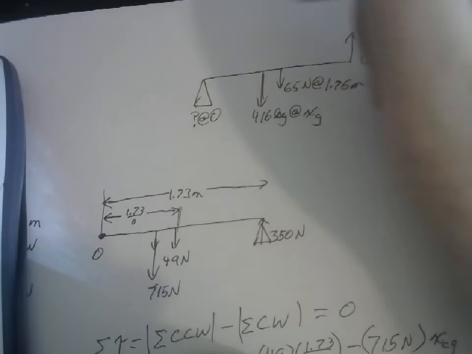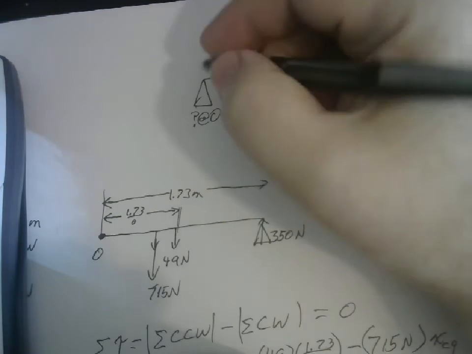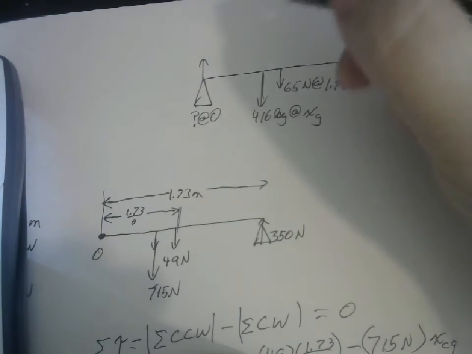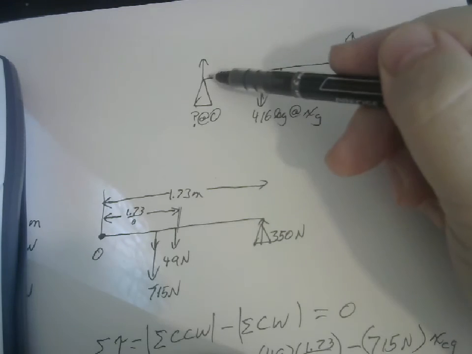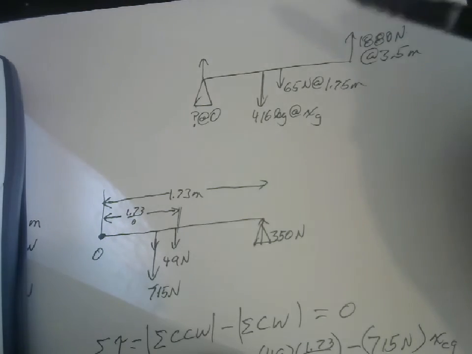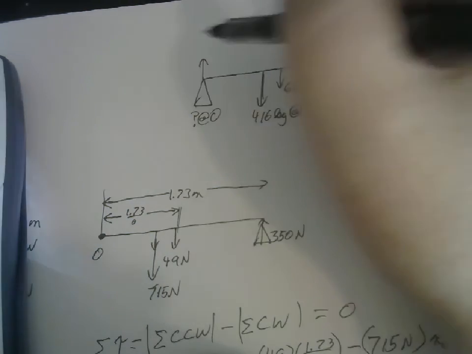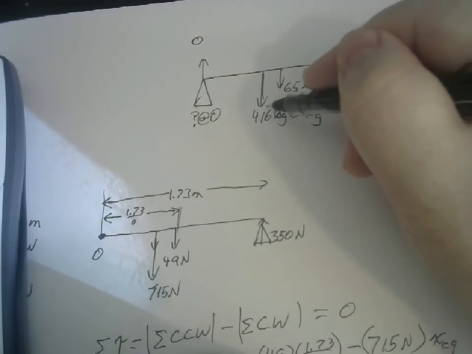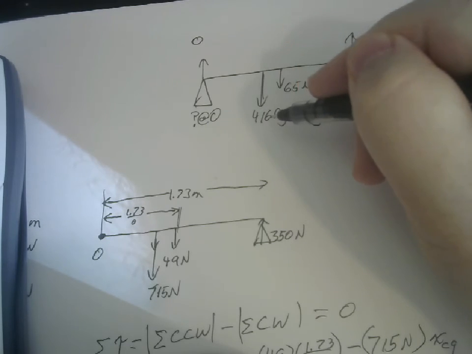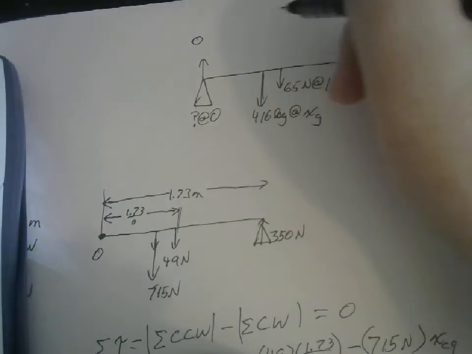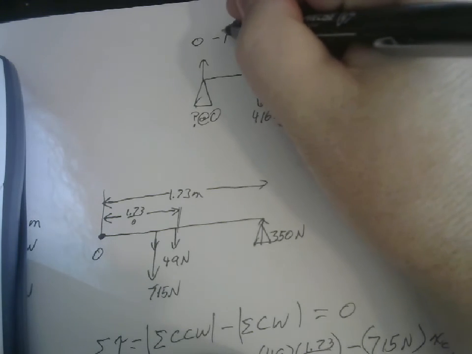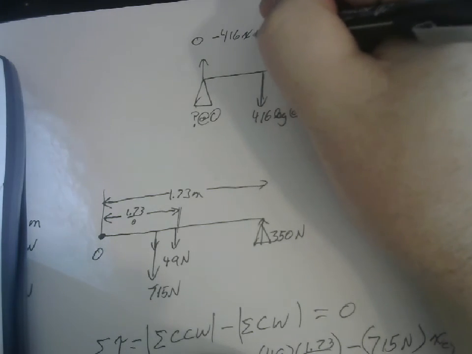So the torques acting on the board causing it to rotate include the unknown force of the fulcrum pushing upward, so that is a zero torque. The downward, or clockwise, torque of 416 at x sub g, so that's minus 416 x sub g.